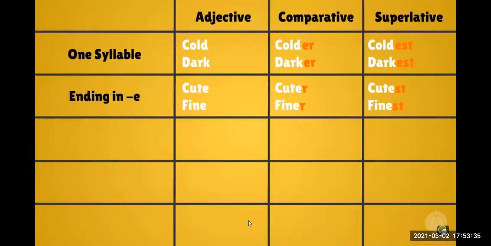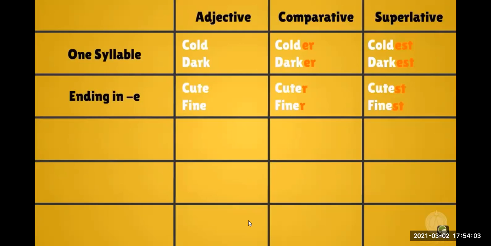Here the comparative finer and the superlative finest. Okay, what about when we have an adjective that ends in a vowel and a consonant? What do we do? Cuando mi adjetivo termina en una vocal y en una consonante. Do you remember that rule?